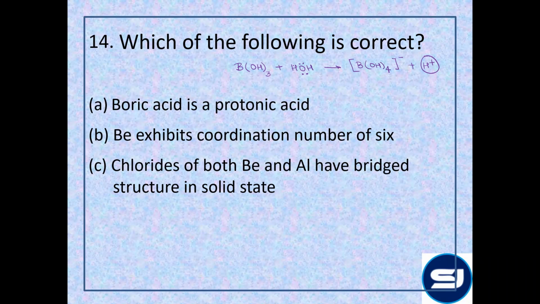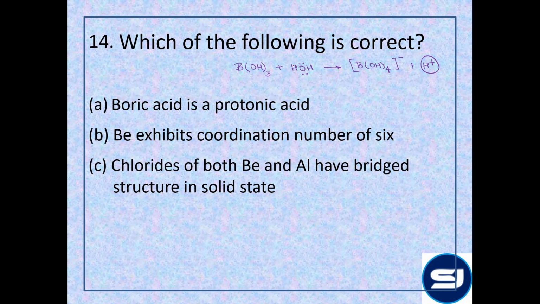Chlorides of both beryllium and aluminium have a bridged structure in solid state. How does BeCl2 exist in the solid state? Monomer? In the solid state, it exists as a monomer? Nahi.